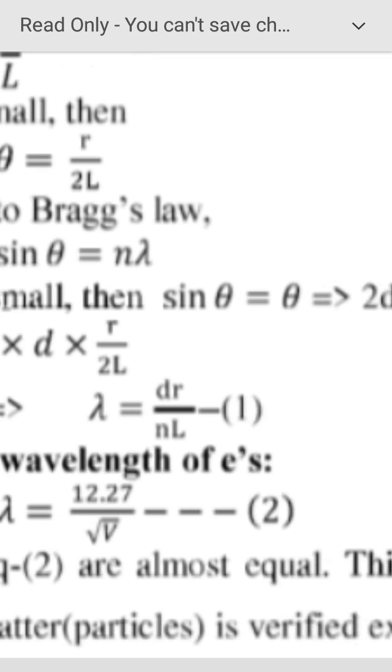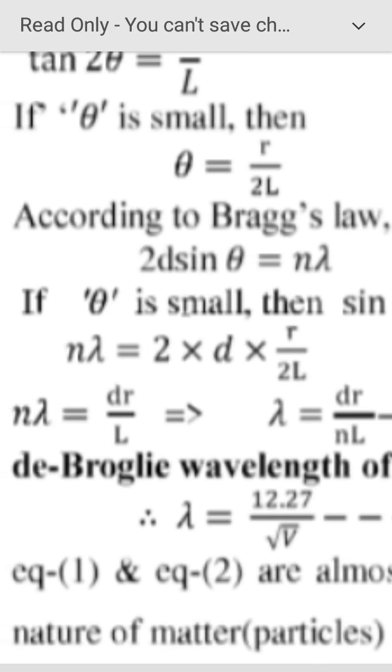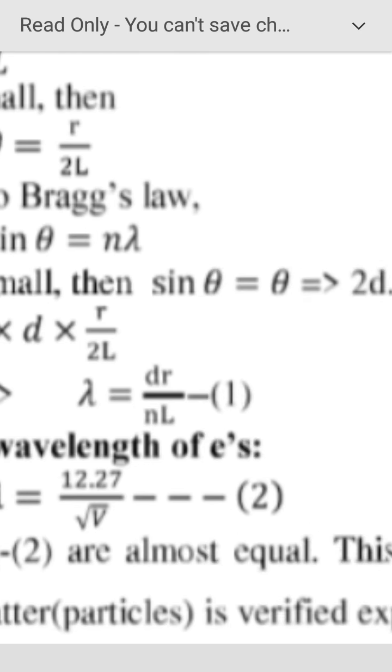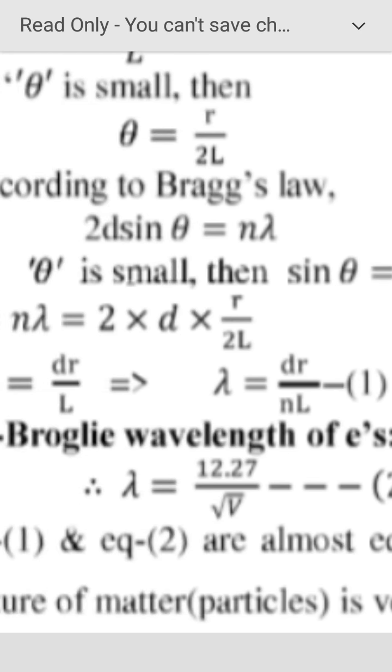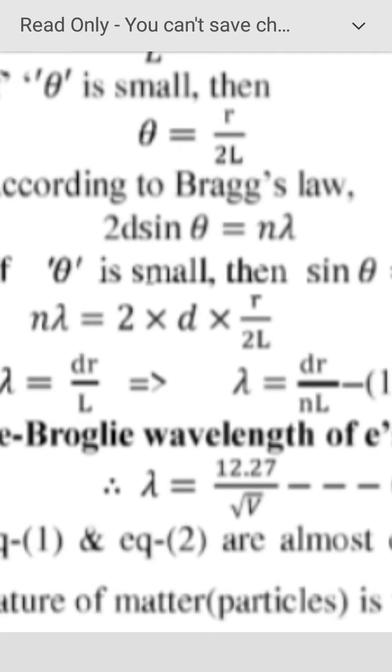Now substituting theta is equal to R by 2L, we can write n lambda is equal to 2d into R by 2L. Therefore lambda is equal to dR by nL. So that is equation number 1.